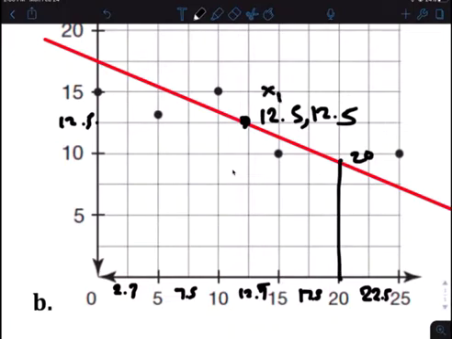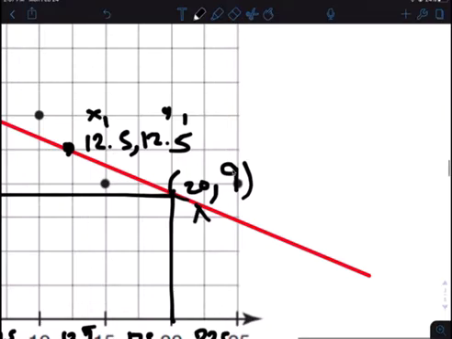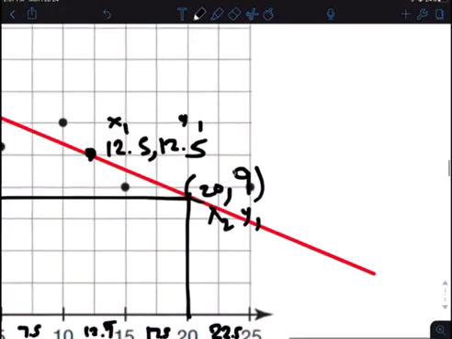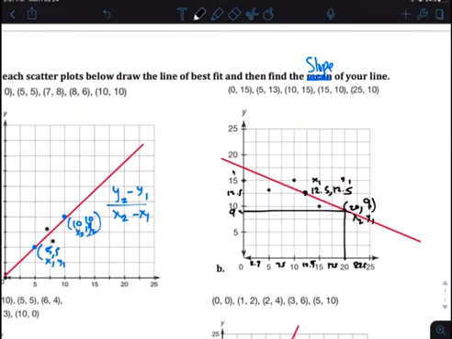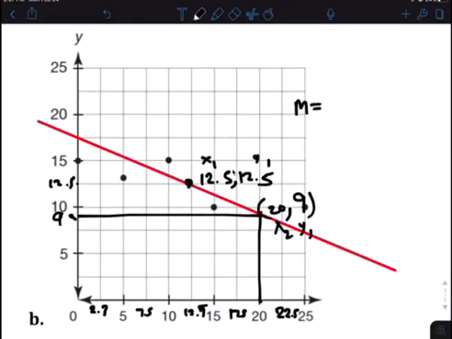This is x sub 1, y sub 1: 20 and right here, 9. And then you find the rate of change with x sub 2, y sub 2. All of you can have a different answer because you all have a different line of best fit. But that's okay. M equals y sub 2 minus y sub 1 over x sub 2 minus x sub 1.